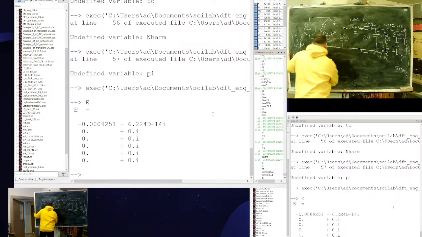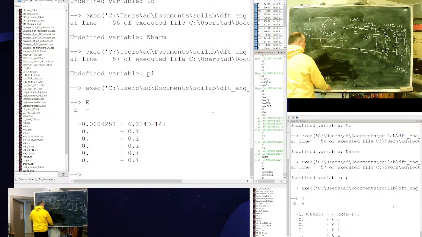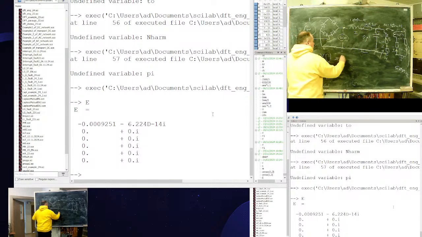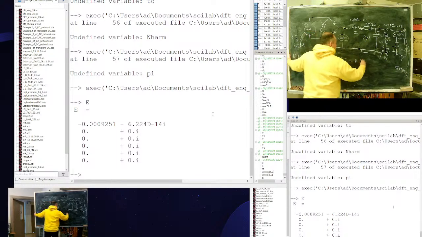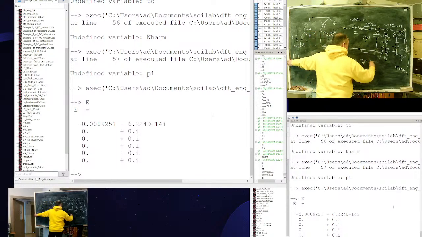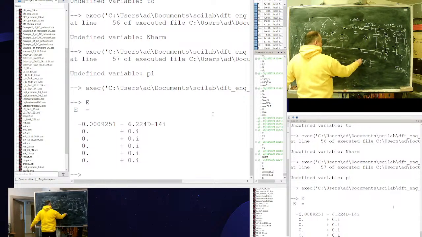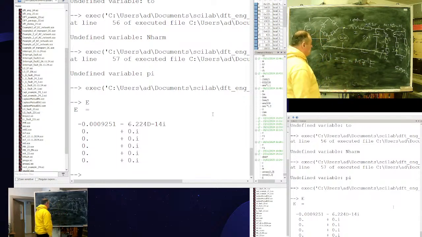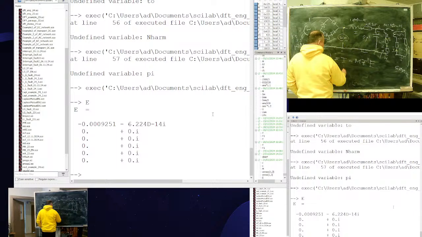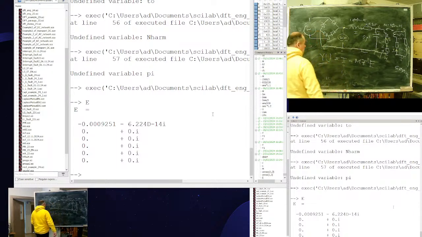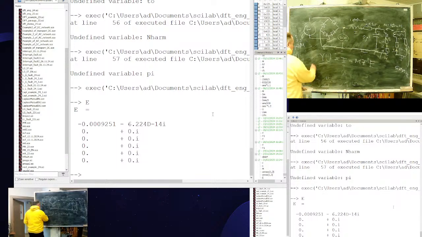Nodal admittance says that I can solve a network by solving an equation, a system of linear equations. This one is for current source. In our case it will be 0.